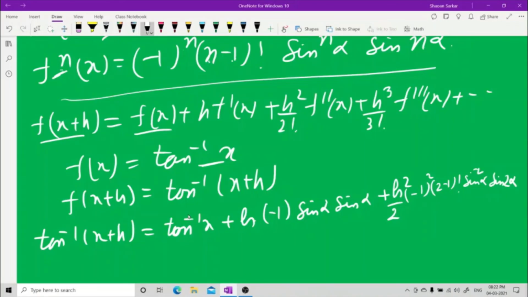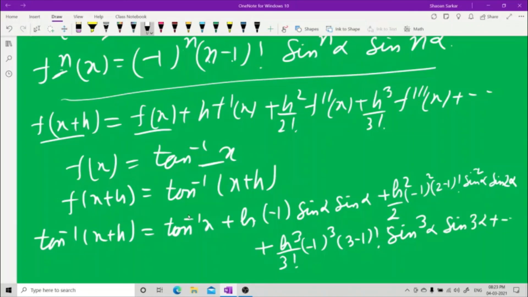Then plus h cube by 3 factorial f triple dash, you put minus 1 cube, then 3 minus 1 factorial, sin cube alpha and then sin 3 alpha, plus so and so forth.